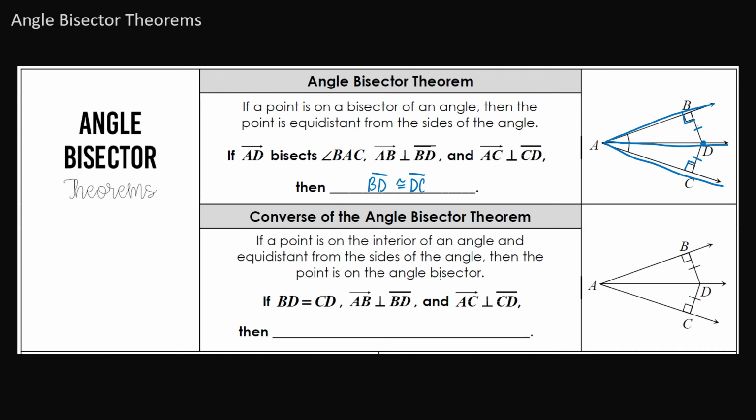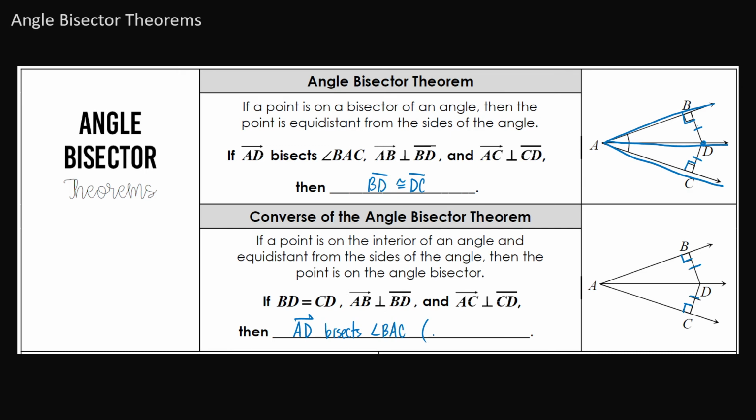So in other words, if BD equals CD, and we know that ray AB is perpendicular to segment BD, and we know that ray AC is perpendicular to segment CD, then we know that ray AD, the ray going through the main angle, bisects angle BAC.